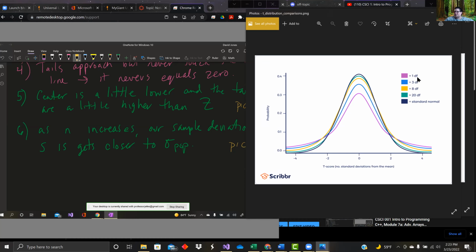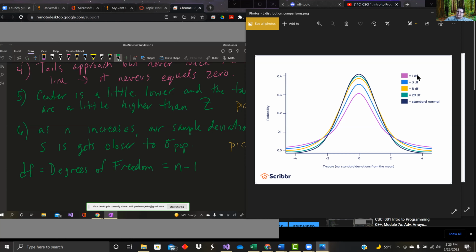And degrees of freedom, I didn't mention this earlier, but DF means degrees of freedom, that is n minus 1. So keep that, we've seen that before, we've talked about that before. But that's what this DF is here.